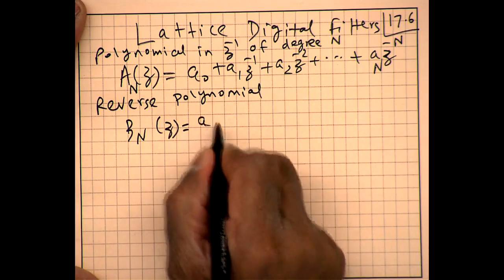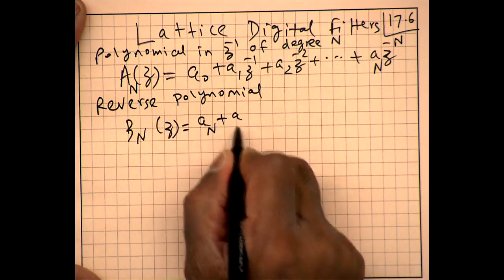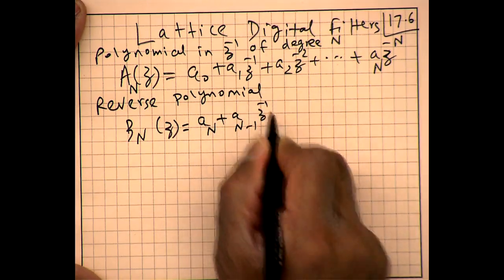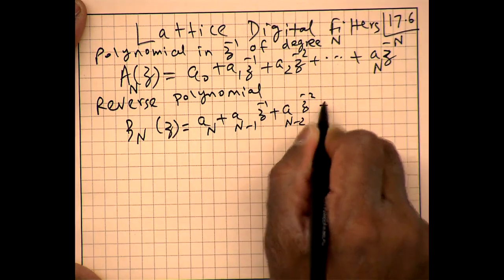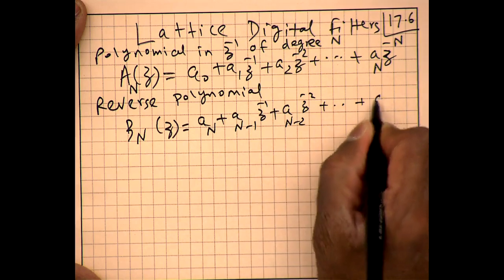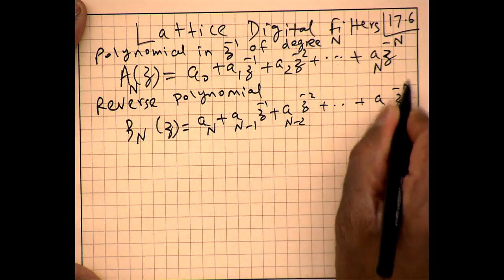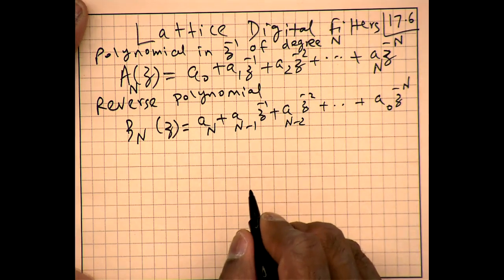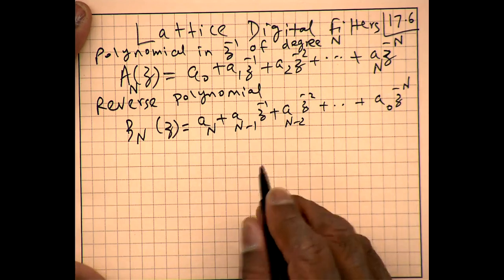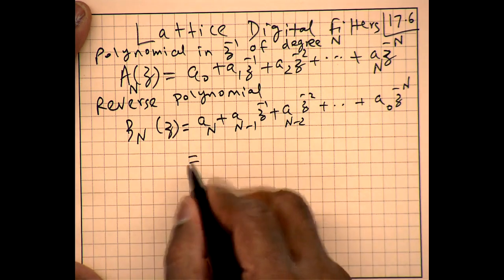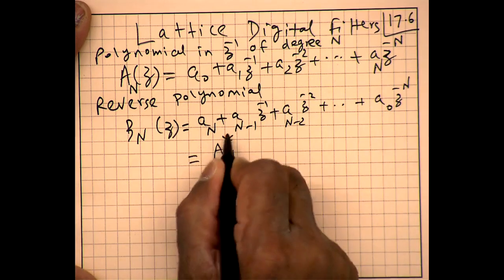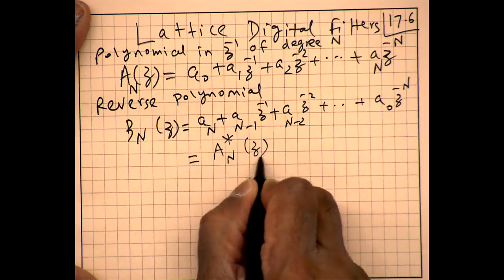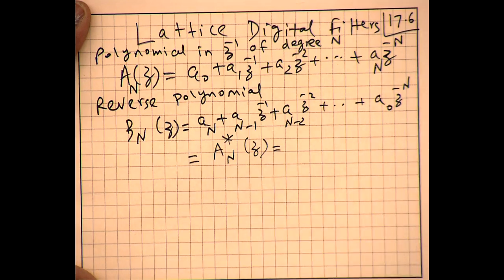So for example, this would be an plus an-1 z to the power minus 1 plus an-2 z to the power minus 2 and so on, up to a0 z to the power minus n. In a formal manner, I can say that Bn is equal to An star, star meaning reverse, means the coefficients have been reversed.